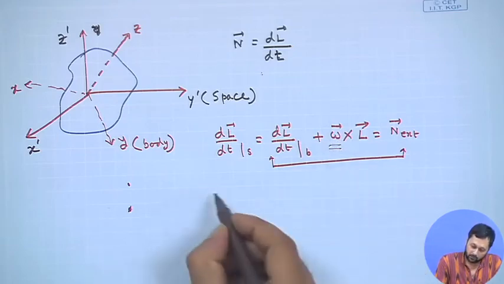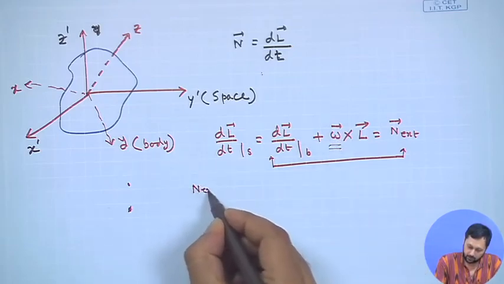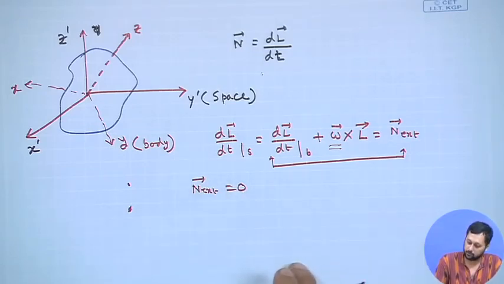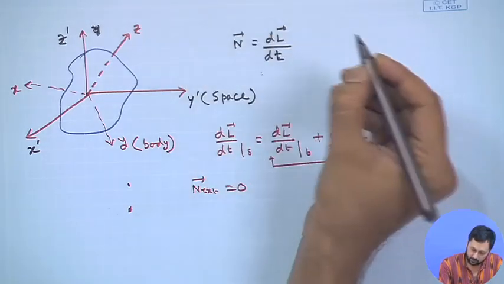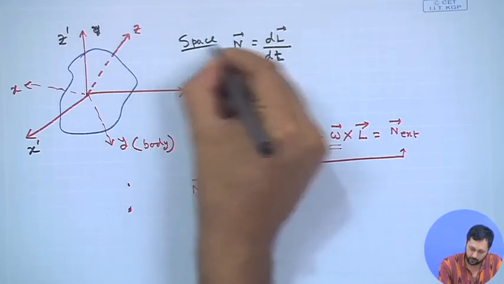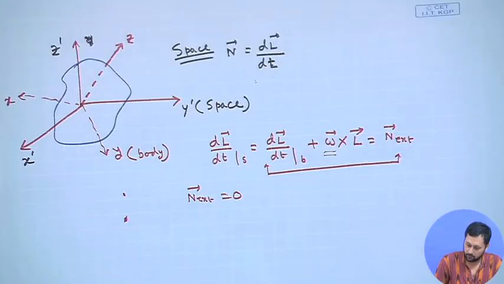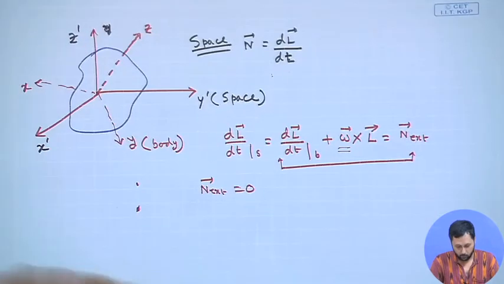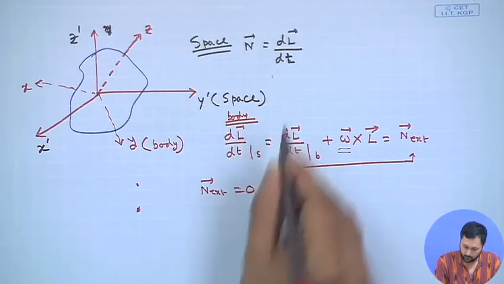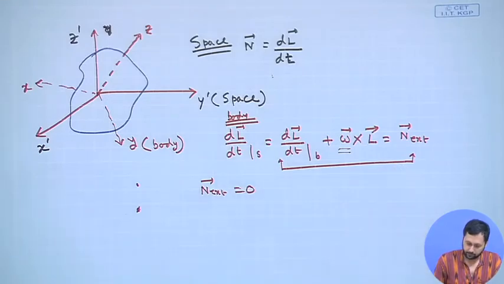Now, if we set N external equal to 0, that means external torque equal to 0. For the space set of system this is the equation, for the body set of system this is the equation.